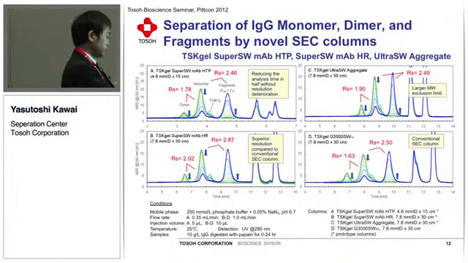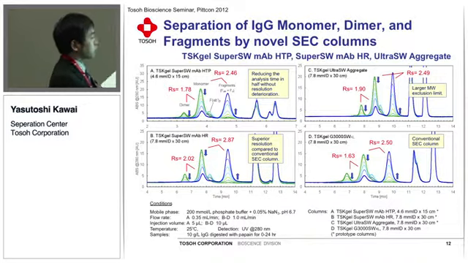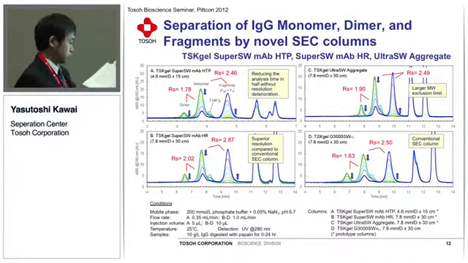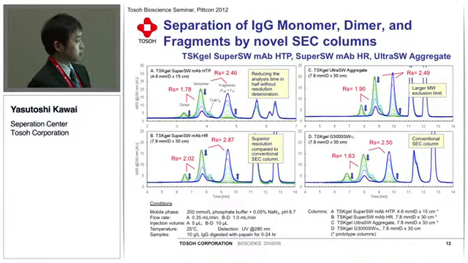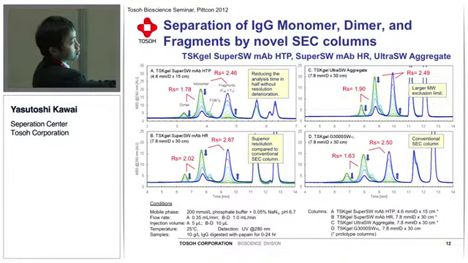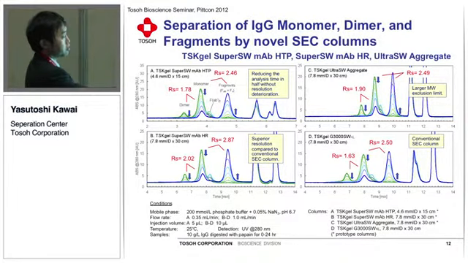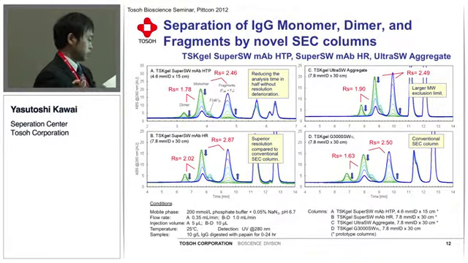Using this column, dimer, monomer, and fragment peaks were separated at the same resolving power as the G3000 SWXL in half the analysis time.